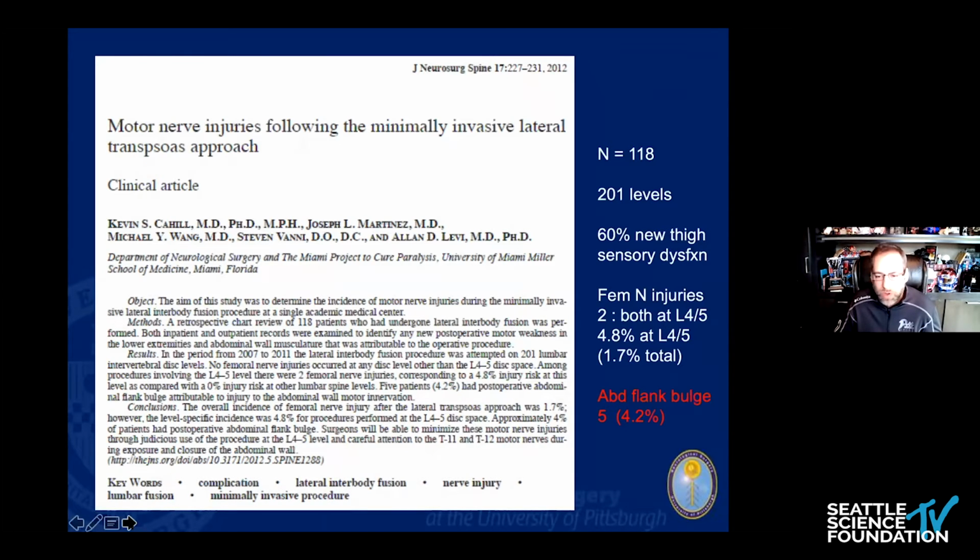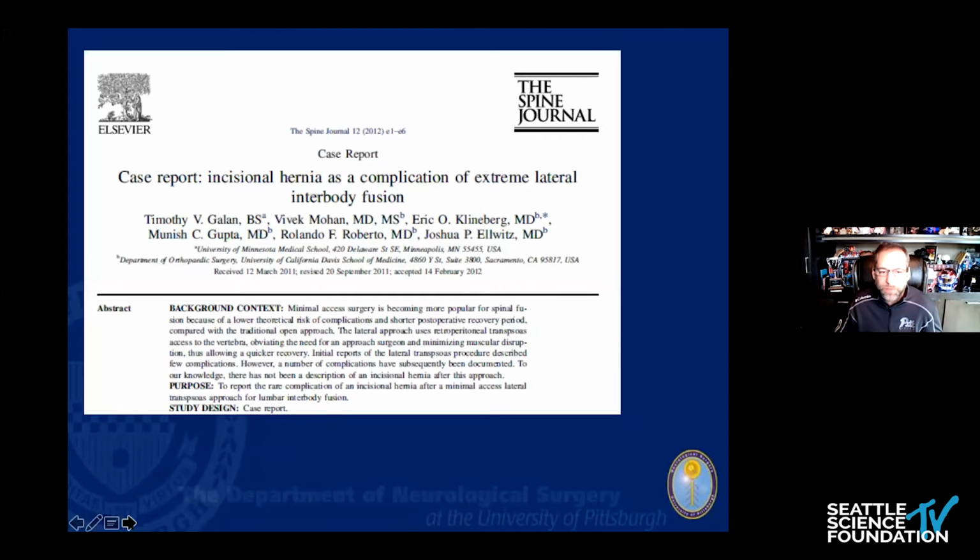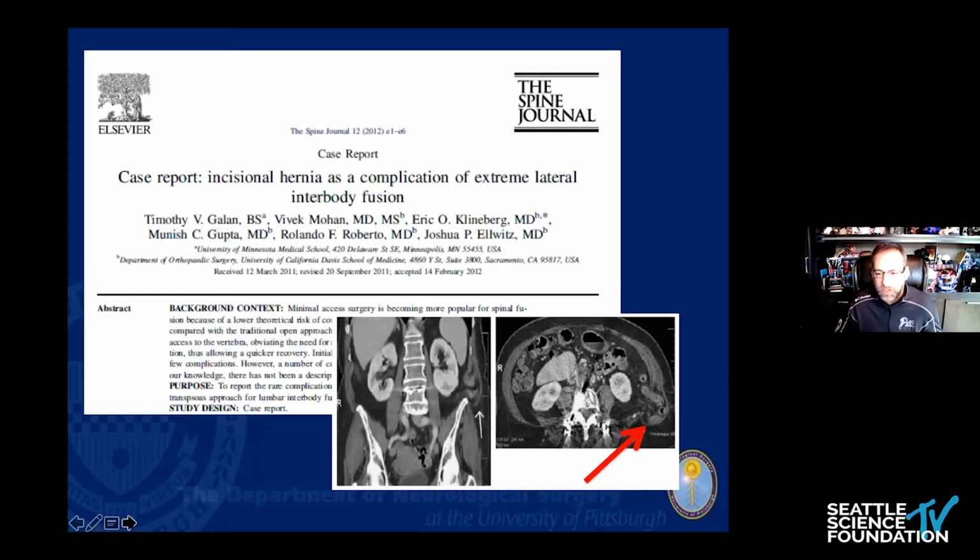And one, which was noted here, occurring in greater than 4% of patients, is that abdominal flank bulge. And this is related to denervation of the abdominal musculature, secondary to stretch of those two nerves that are popping off at L1-2, the iliohypogastric and the ilioinguinal. And you can see here thinning of the abdominal wall musculature, which is of course distinctly different from incisional hernias, which can occur when the contents of the peritoneum are actually traversing through the incision itself, or through the injury of the abdominal wall musculature.